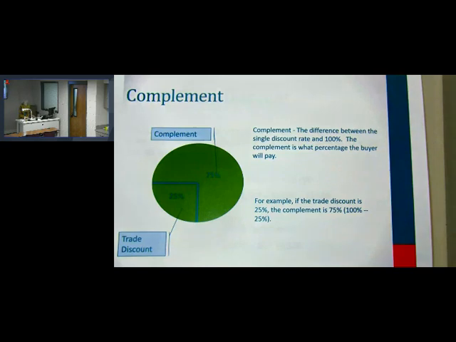All right, I want to talk about this. This is my favorite thing to talk about in this chapter, and that's the complement. So again, if you're going shopping and you see something, I do this all the time, a $100 item maybe, and there's 30% off. I don't know if you calculate your discounts in your head or not, which you should, but if it's 30% off, a lot of people say, oh, $100 times 30%, that's $30.